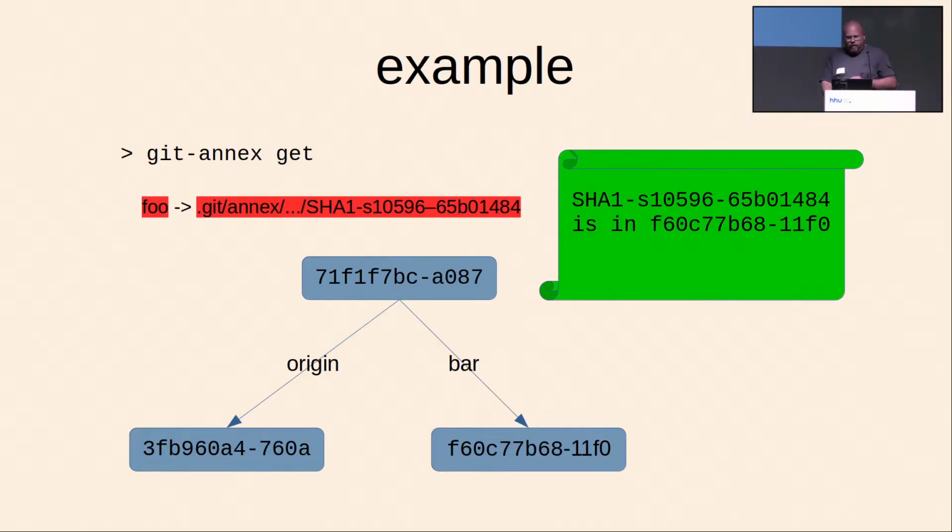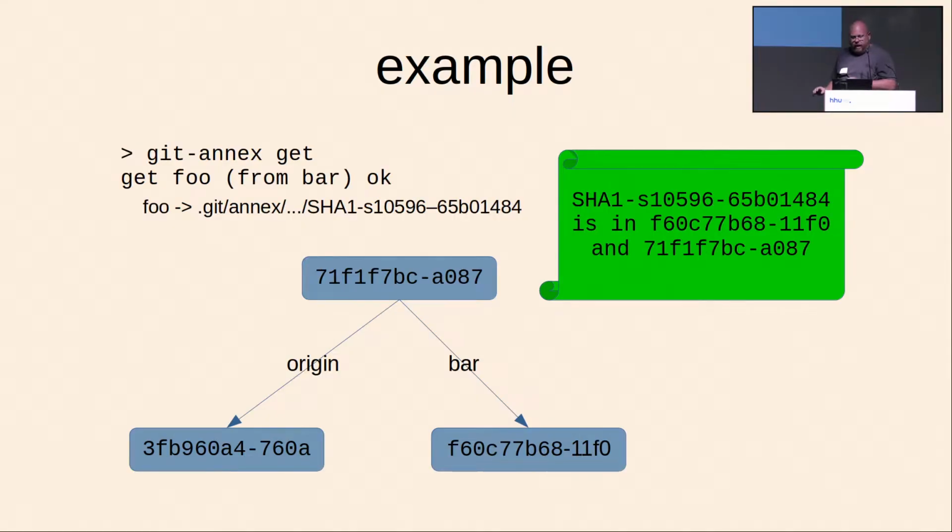So, for example, if we run the command git-annex get, right, and we have this pointer file in our repository, file foo, which is pointing to some object, what happens? Well, we also have the git-annex branch saying where foo is located, and we have this topology of remotes, right?